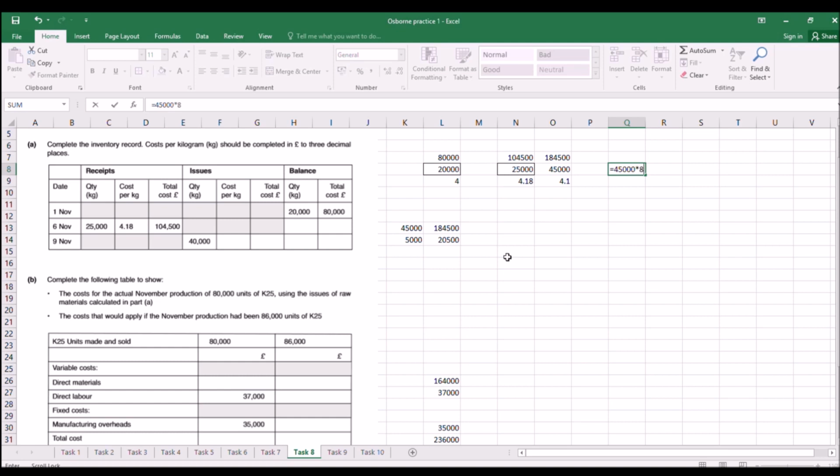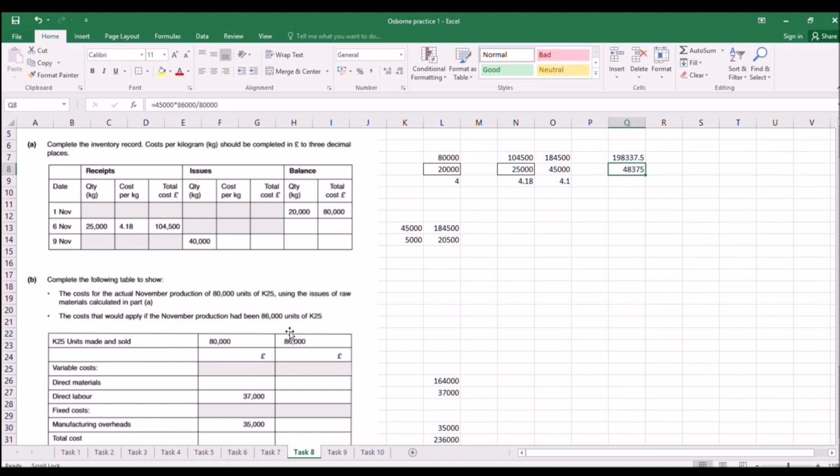So we would need 86,000. So 45,000 times by 86,000 divided by 80,000 would be the number of units that we would have to send out or issue. So 48,375, and we multiply that up by our £4.10. So that would be the cost. It's not right, is it?